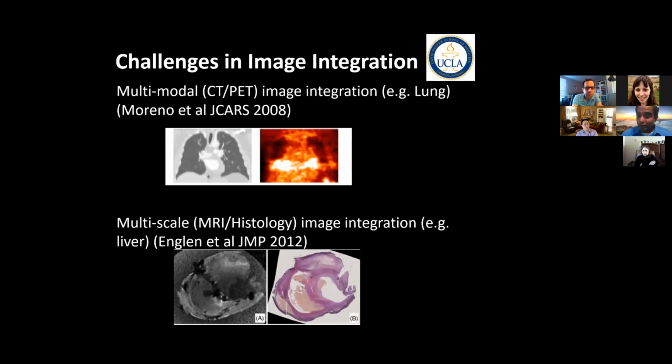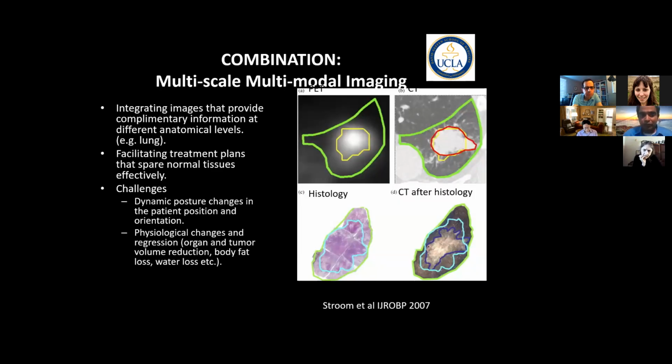There is also multi-scale image integration. When biopsies are acquired for a tumor, we can integrate that information directly onto the CT so they know exactly where the tissue was biopsied and how it integrates with the rest of the body. And we integrate images that provide complementary information.